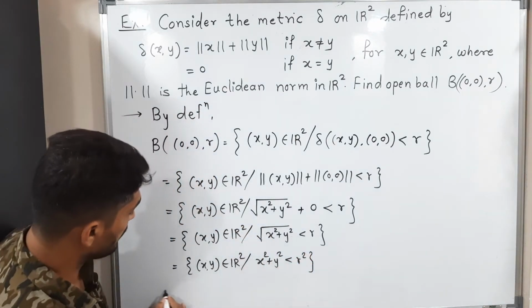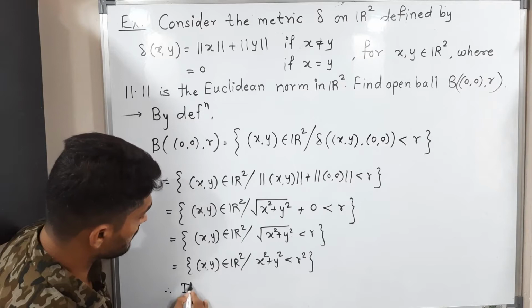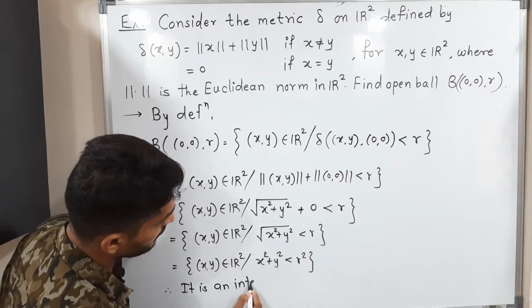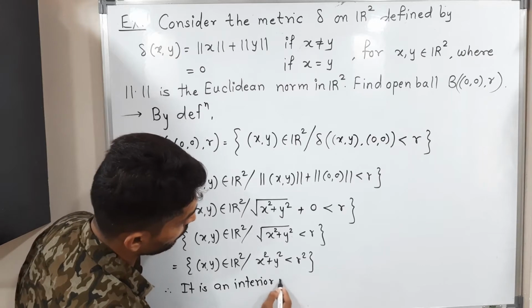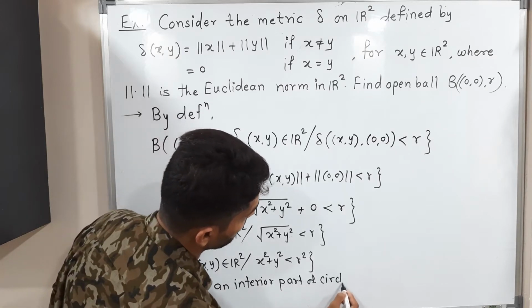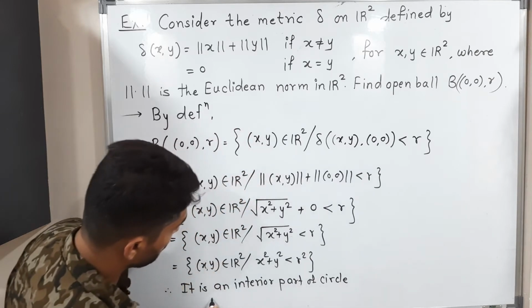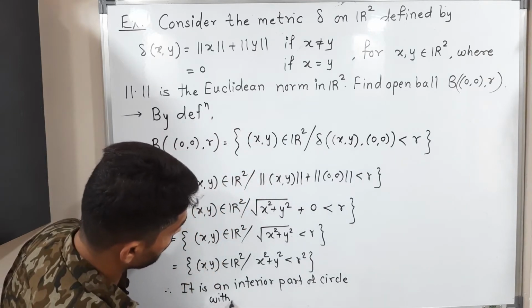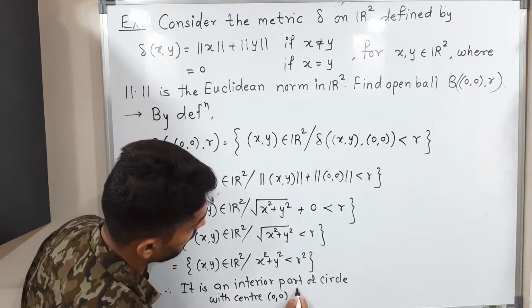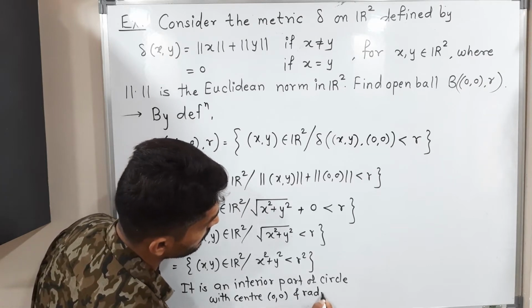So I will mention, therefore, it is an interior part of circle with center what? What is its center? Center is (0, 0) and what will be its radius?